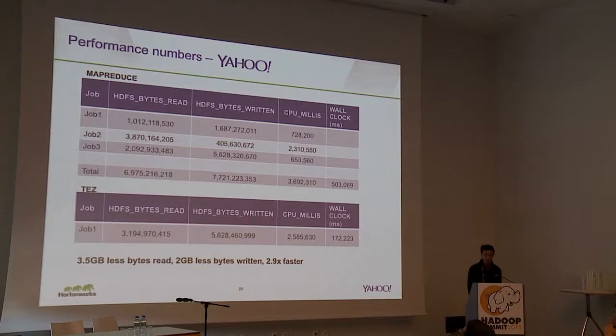For MapReduce, it will write more than 7 gig of data into HDFS, and in Tez, it's only 5 gig. In this particular Pig script, we see a 2.9 times speedup.